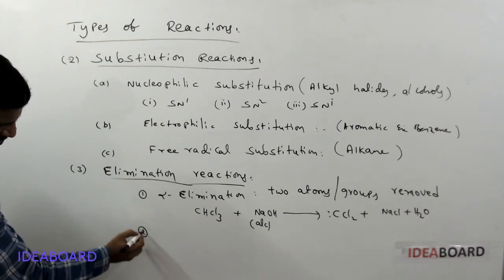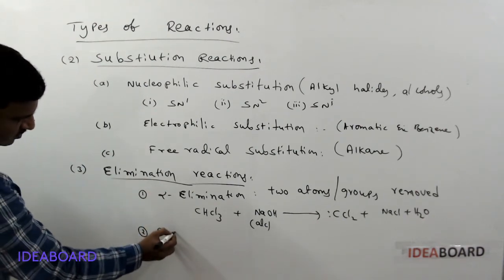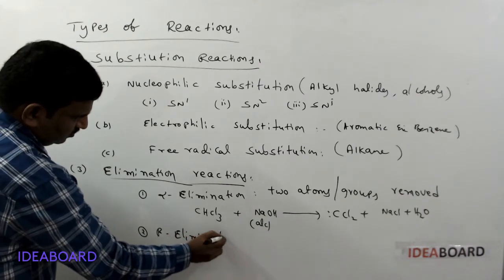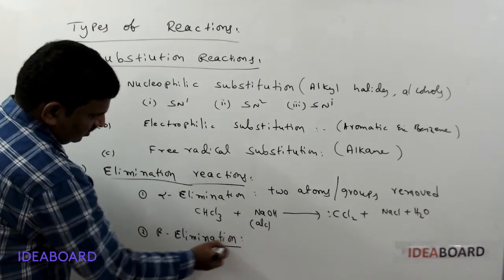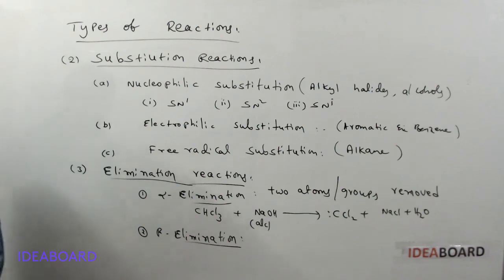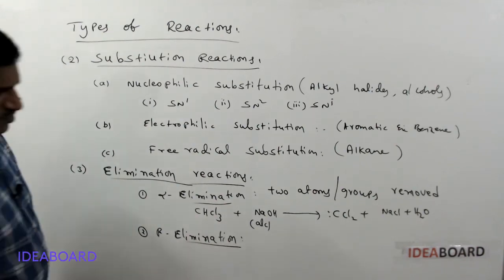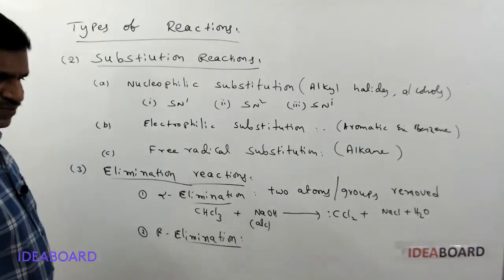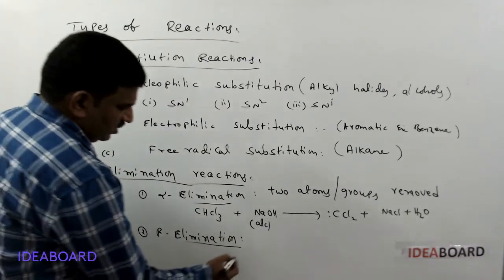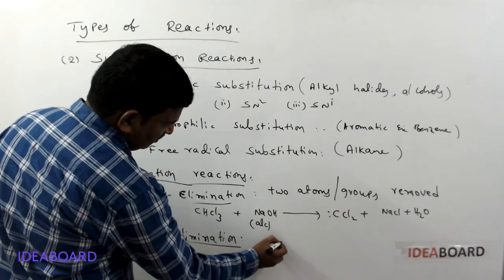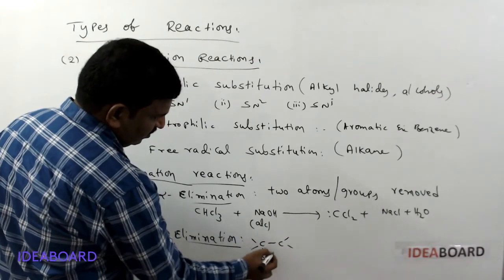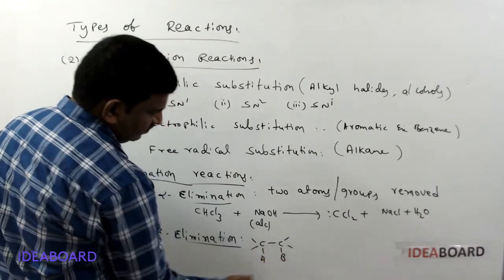The second type is beta elimination, also called 1,2 elimination. In beta elimination, two or more atoms are removed from adjacent carbon atoms. Suppose we have A here and B here.